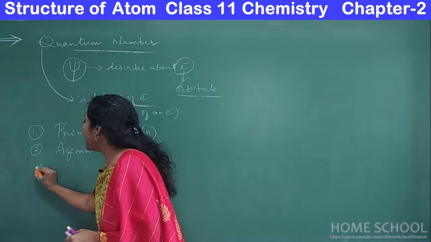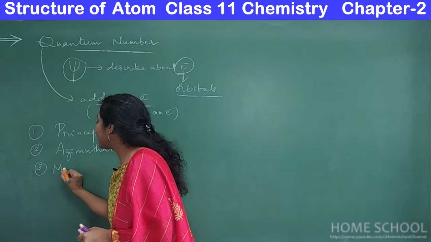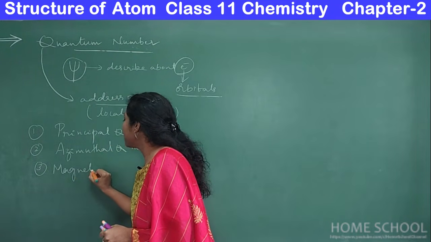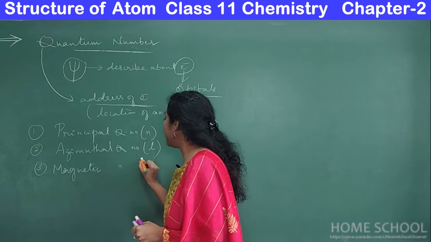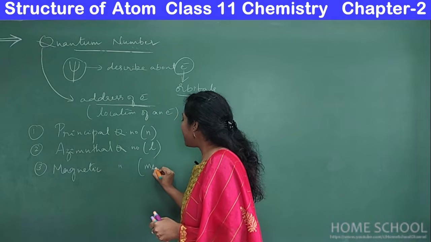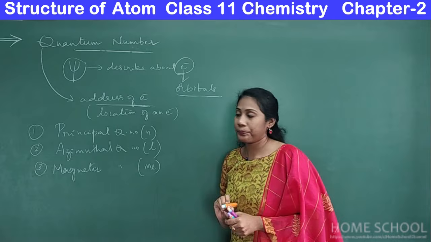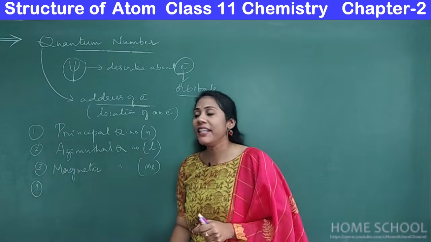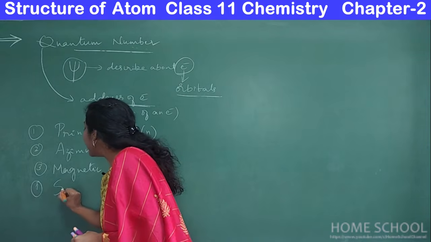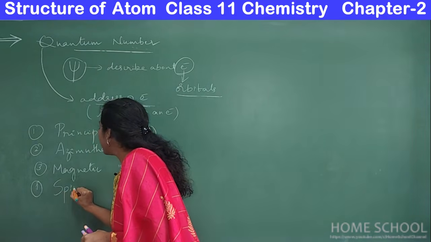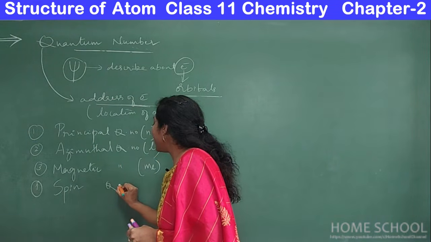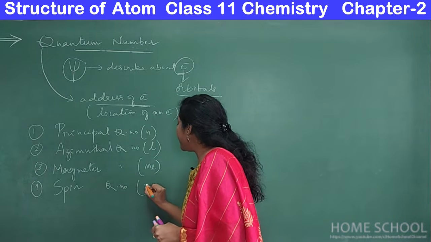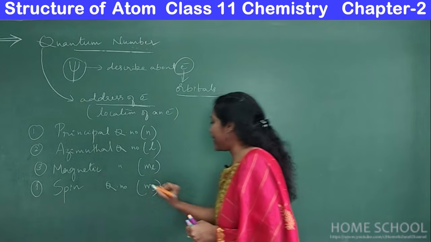The third quantum number is the magnetic quantum number, indicated with the symbol Ml. And the fourth quantum number, which is also very important, is called the spin quantum number, indicated with the letter Ms.